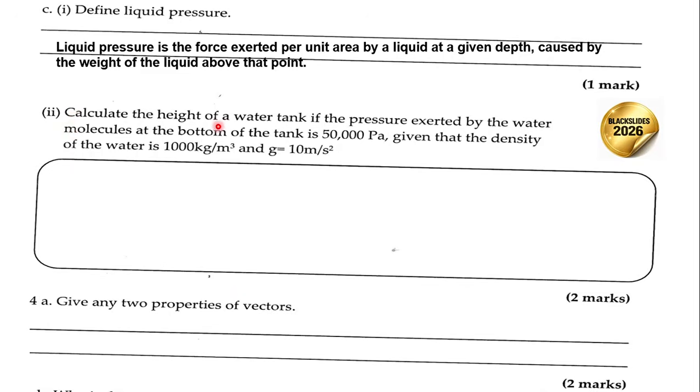Calculate the height of a water tank if the pressure exerted by the water molecules at the bottom of the tank is 50,000 pascals, given that the density of water is 1,000 kilograms per cubic meter and G is 10 meters per second square.